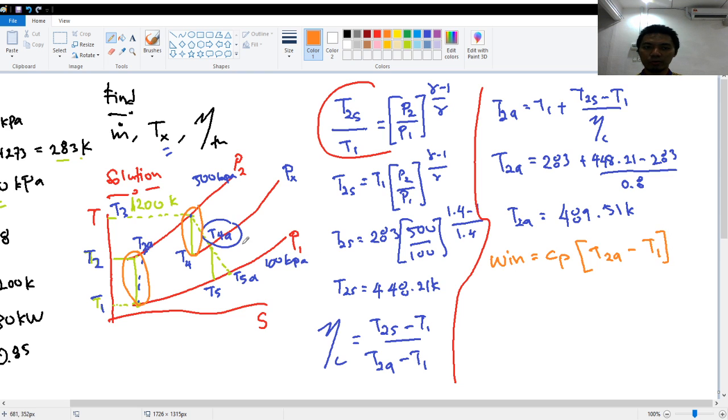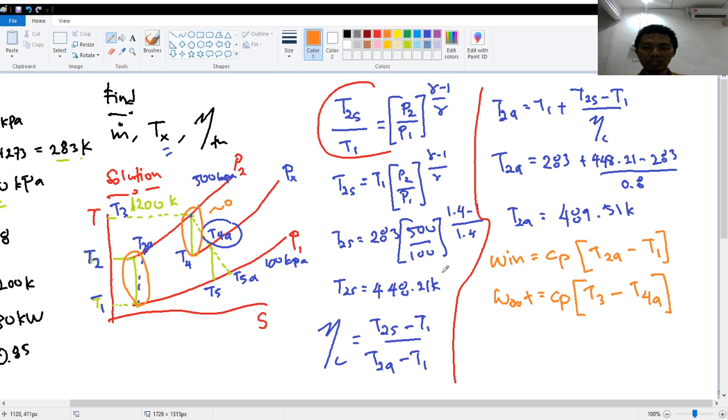For this one, the work out for the high pressure turbine is Cp times T3, the bigger temperature, minus the smaller temperature, T4A.